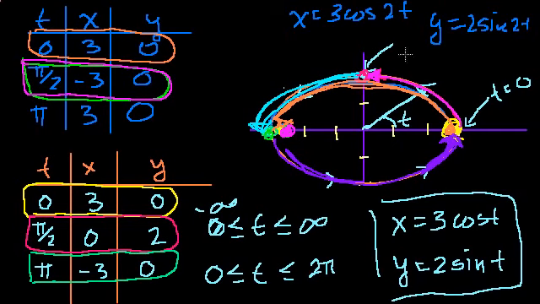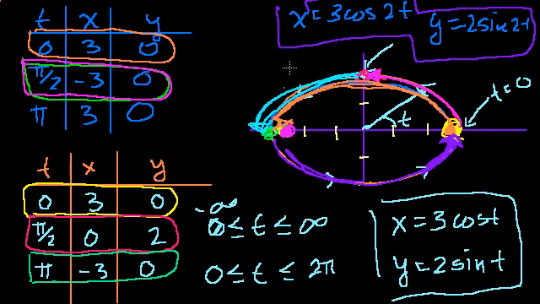So what you see is that this set of parametric equations has the exact same shape of its path as this set, except it's going around at twice as fast a rate. When t increases by pi over 2 here, we go a quarter way around the ellipse. But when t increases by pi over 2 here, we go halfway around the ellipse.